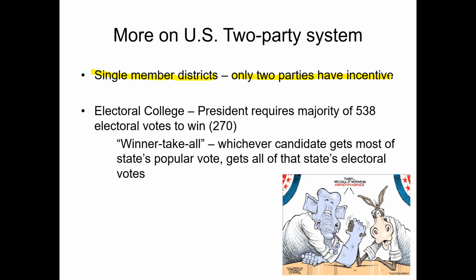So if there are 5 members elected from a district, there's going to be an incentive for at least 6 parties. That's how it works. And if you only have 1 member elected from that district, there's only incentive for 2 parties for all practical purposes. There are third parties that come and go, but they don't sustain over time.